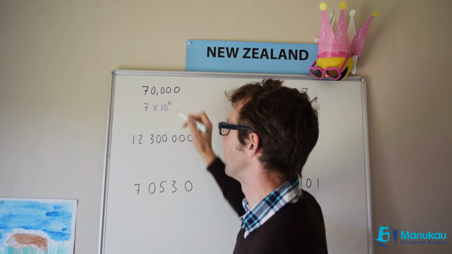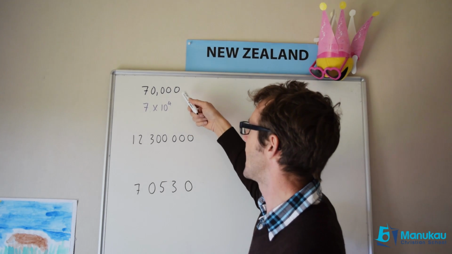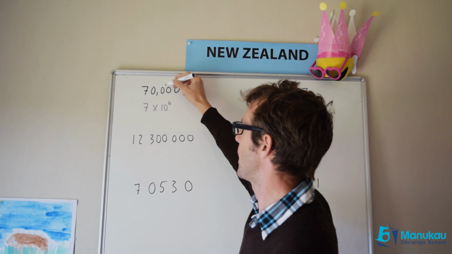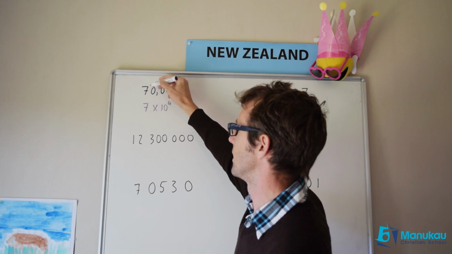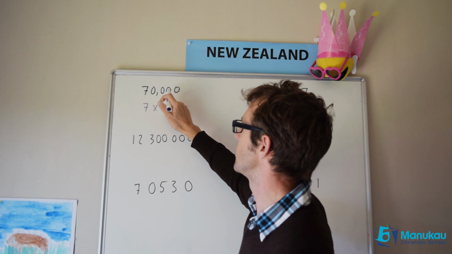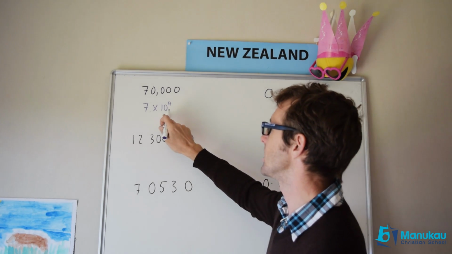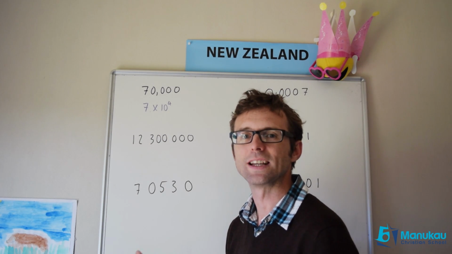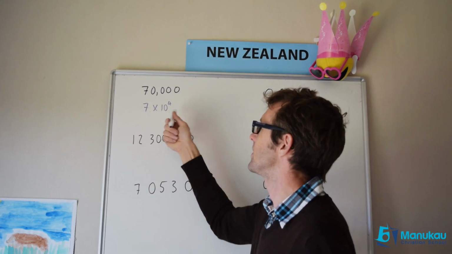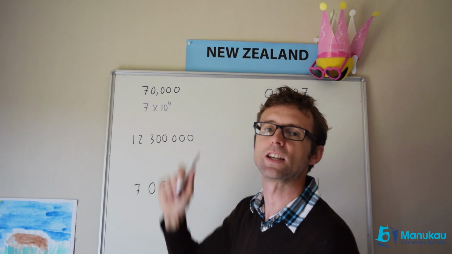What you do with these is basically count all the digits up until the one that you've got at the front here. So 1, 2, 3, 4. So it's 7 times 10 to the power of 4. That makes sense because you know that 10 to the power of 4 is 10,000, so 7 times 10,000 is 70,000.